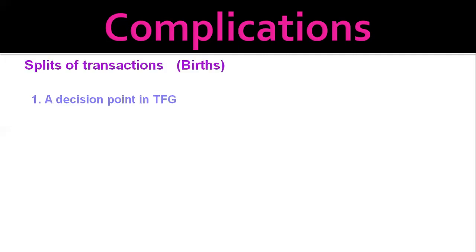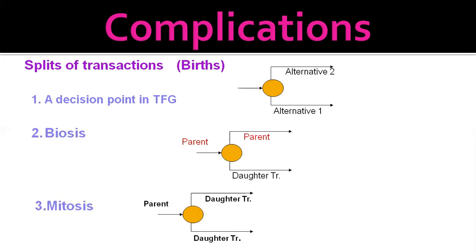These 3 possible interpretations of the decision symbols are the nodes with 2 or more outlinks, and it can be decisions, biases, or mitosis.